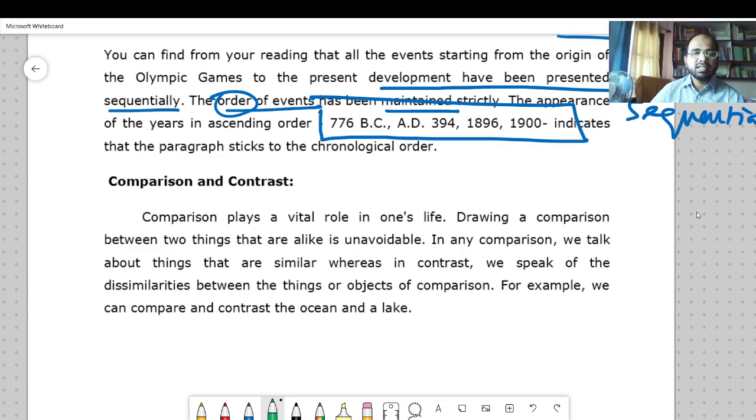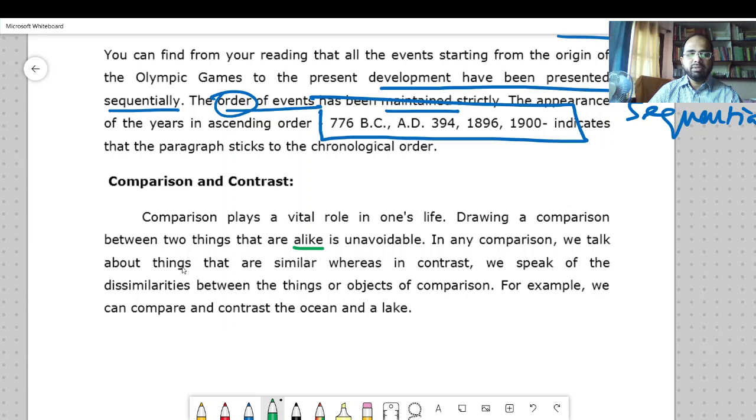The next thing is comparison and contrast. Comparison plays a vital role in one's life. Drawing a comparison between two things that are alike is unavoidable. You cannot draw a comparison between two dissimilar things.